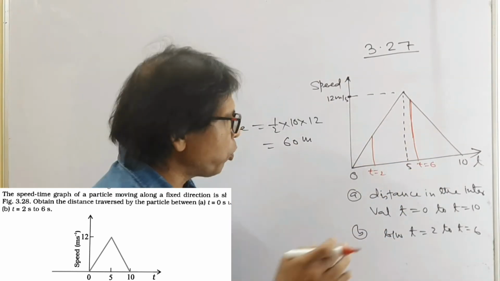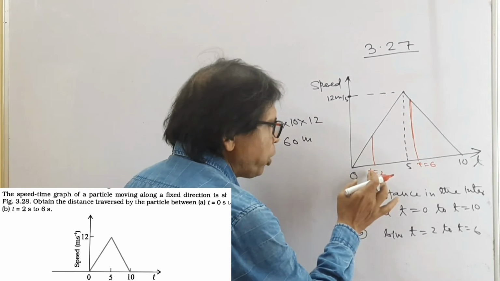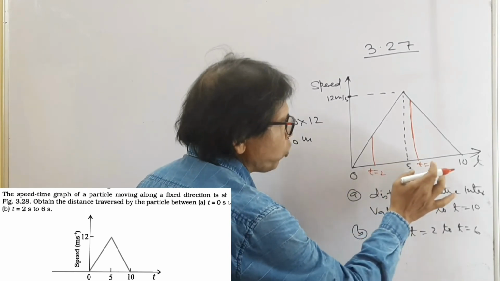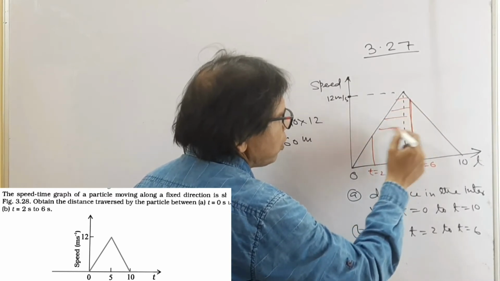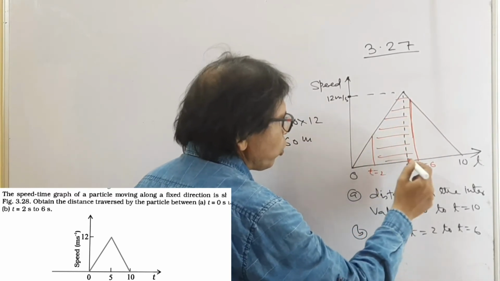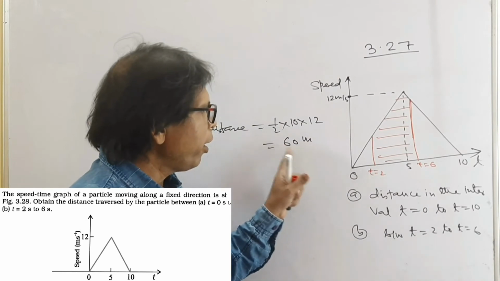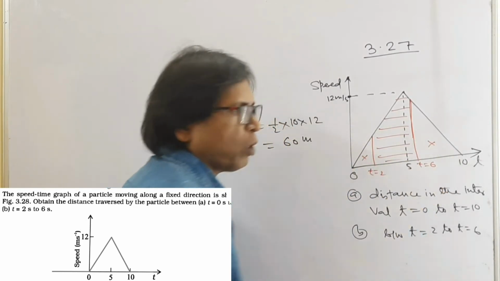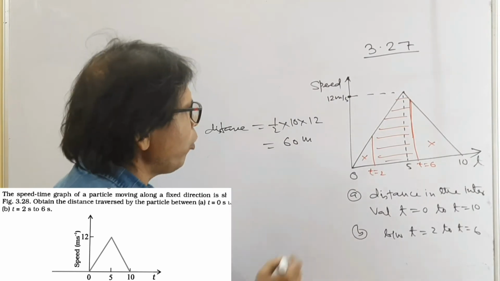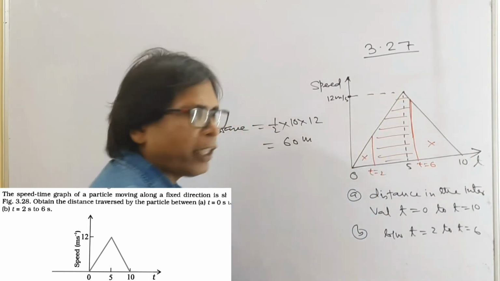Now we have to calculate the area between t equal to 2 to t equal to 6. The area of this portion is equal to total area minus area of this portion minus area of this portion. Now what is the magnitude of acceleration?